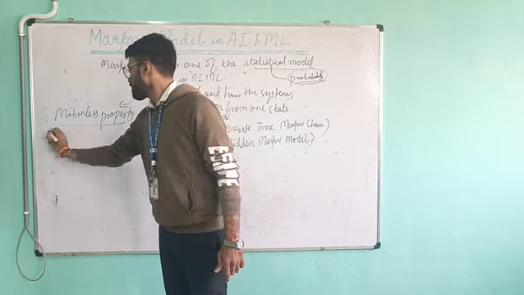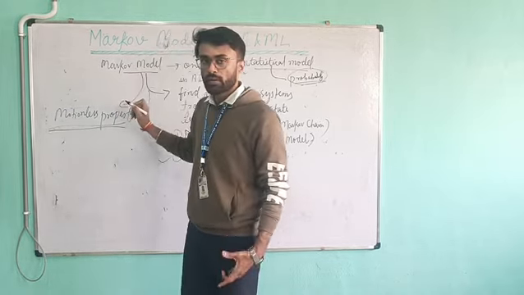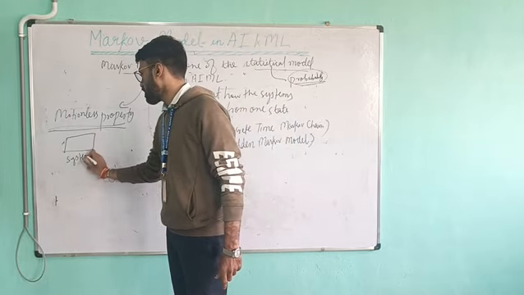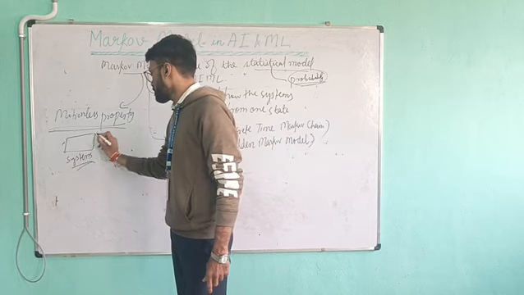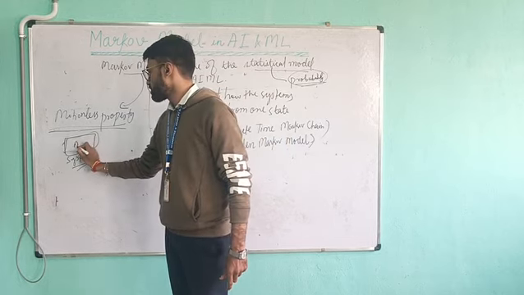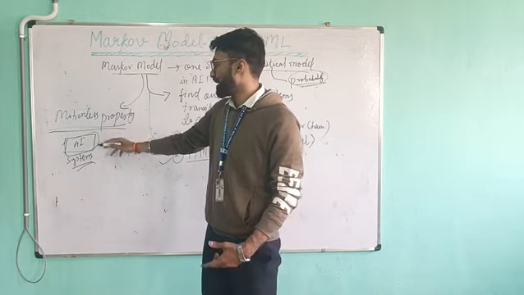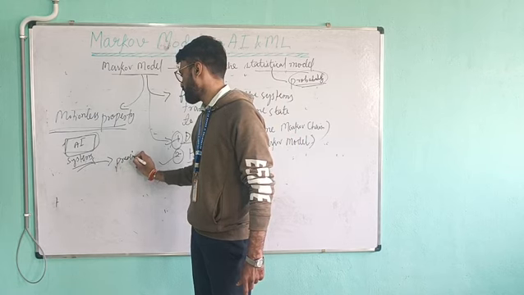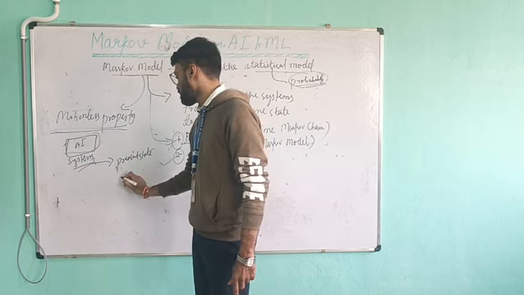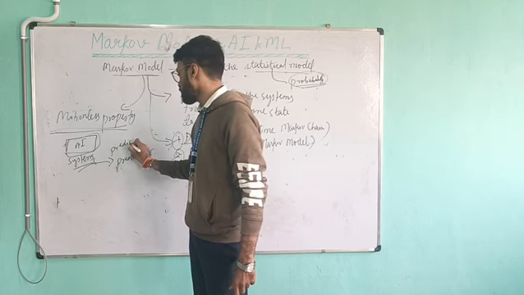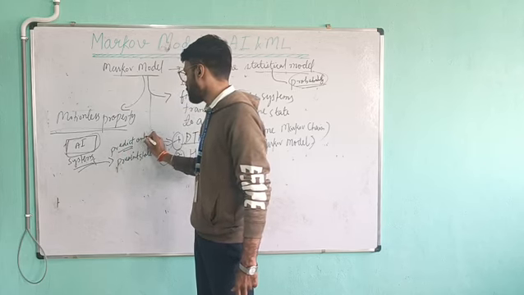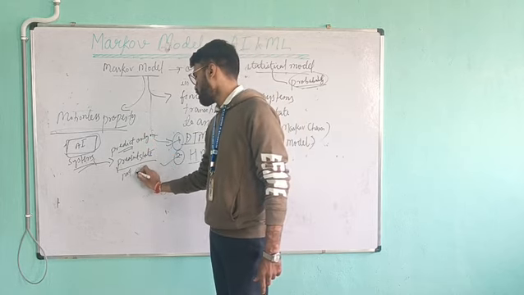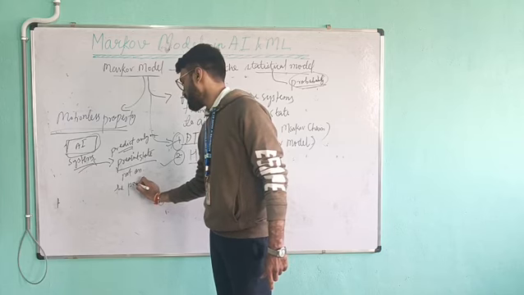It means that the Markov model will predict the system on the basis of, for example, this AI system's present state. It will predict only on the present state, not on the past sequence of states.